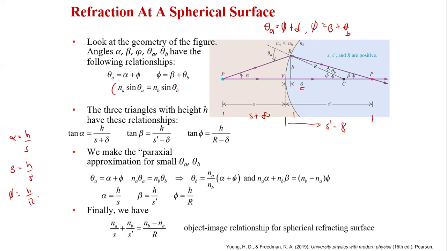so this is the law of refraction. NA sine of theta A is equal to NB sine of the angle of refraction, theta B. So for small approximations, we have this one and we have this one. Okay. So what's first?